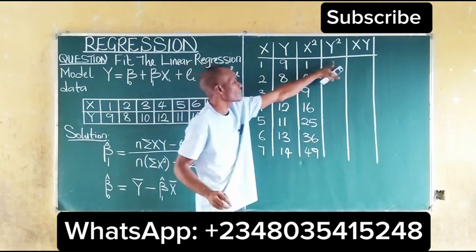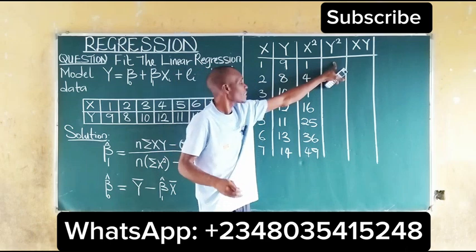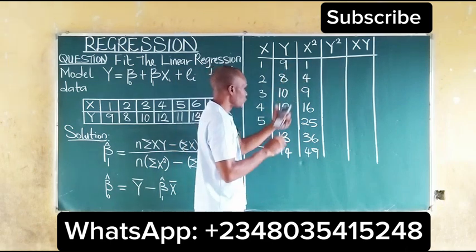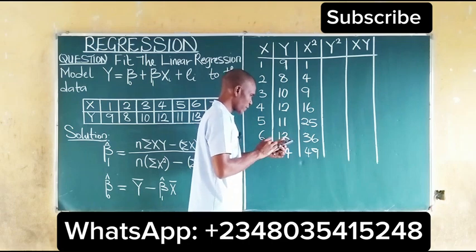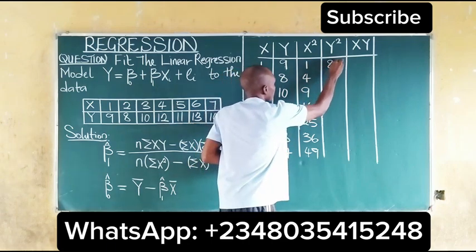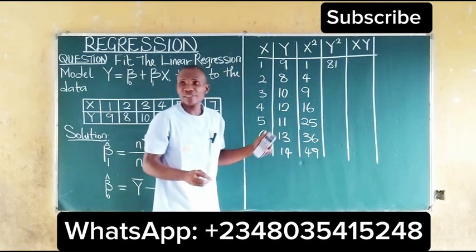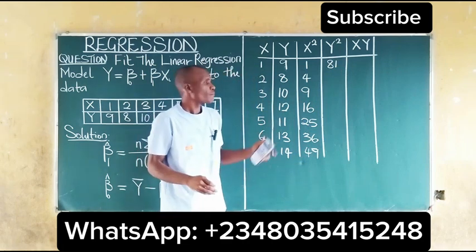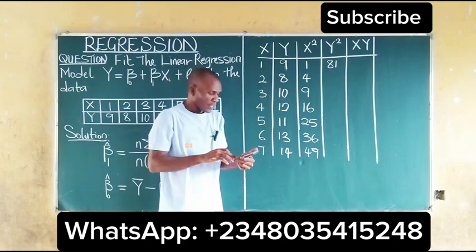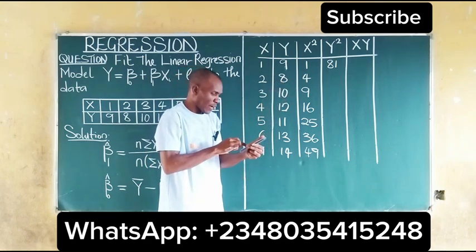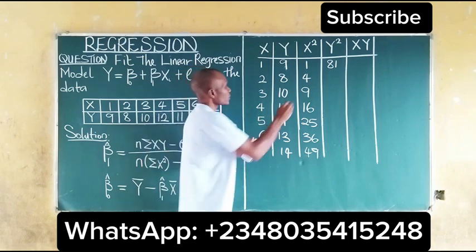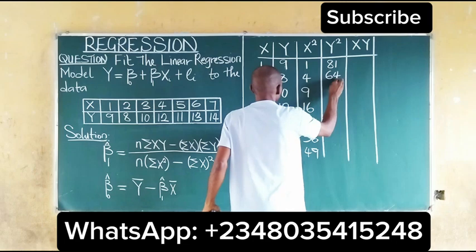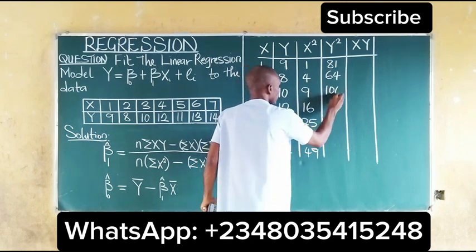Also for y squared, we have 9 squared, which is 81. So if you're doing this, you must confirm the accurate values. Like this, 8 squared is 64. You can still do it with your calculator. 10 squared is 100.